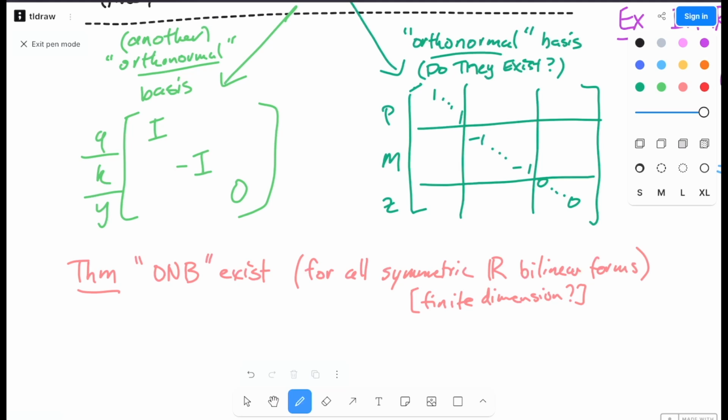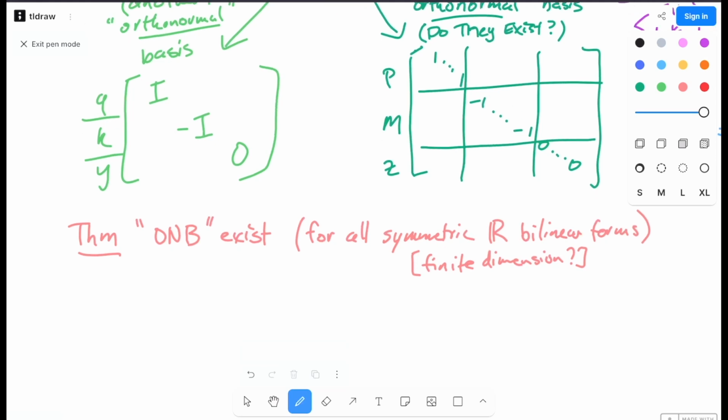I think the proof of this theorem that Artin gives might be problematic in the infinite dimensional setting, but I'm not going to say too much more about that. At least without axiom of choice, although that's not saying too much. You have to have axiom of choice even to have a basis.